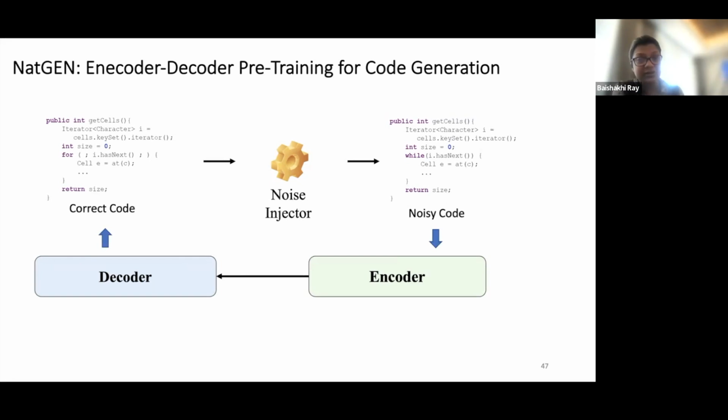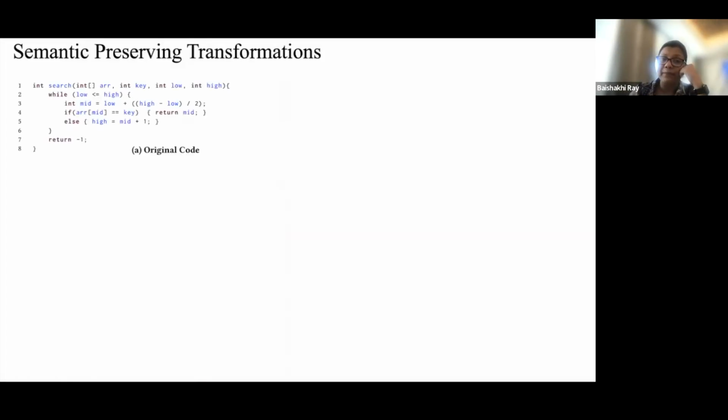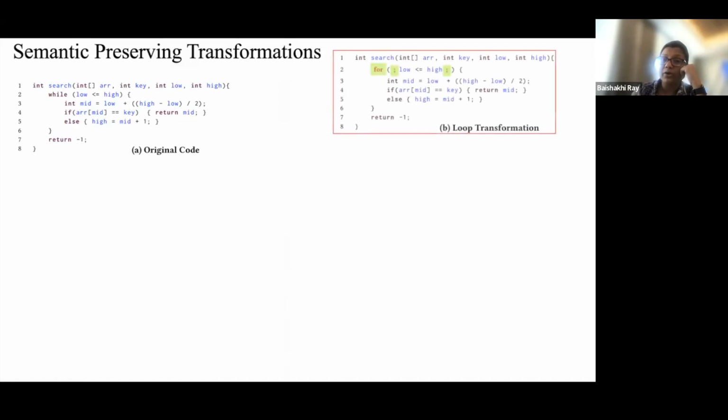So we are still operating in the same framework, but here we slightly change the training objective. We make it a denoising encoder-decoder, where noise is generated by code-aware transformation. So this is our code-property-aware code generation model. For example, here again we have the original code.